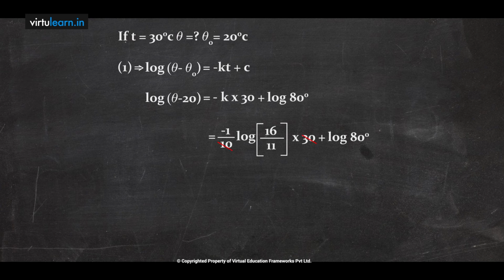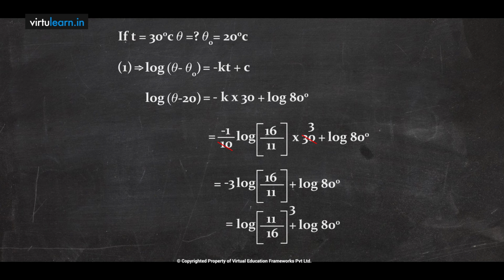Then 10 ones are 10, threes are here. This is 30 here: minus 3 log 16 by 11 plus log 80. Therefore, I am rewriting the statement, log of 11 by 16, then minus into minus becomes plus: log of 11 by 16 whole cube plus log 80.